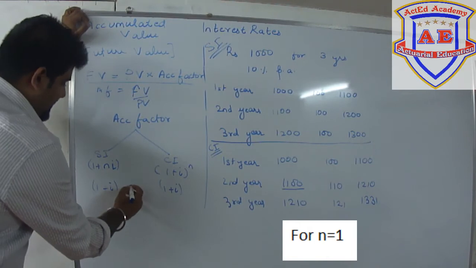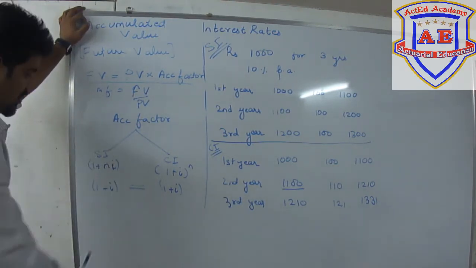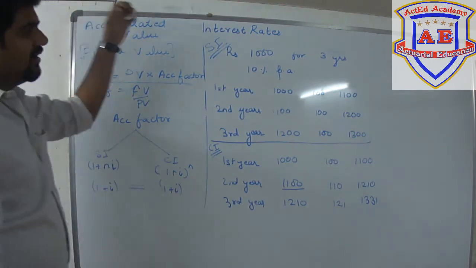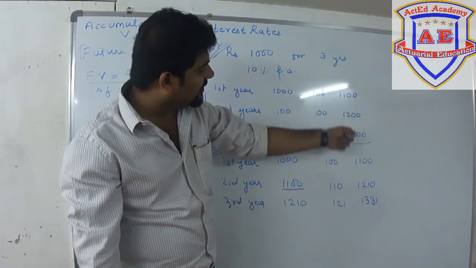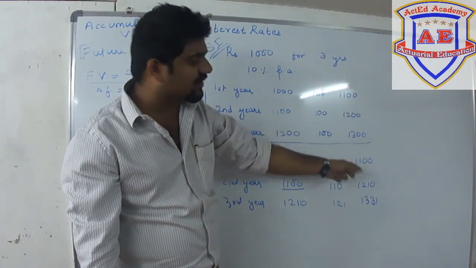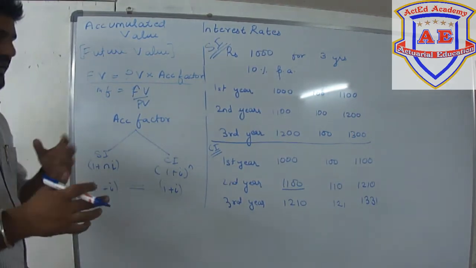Notice that both of these are equal for the first year. You can get back to our previous sum and notice the accumulated value for the first year was equal. Are you understanding? For the first year, both of them remain equal.